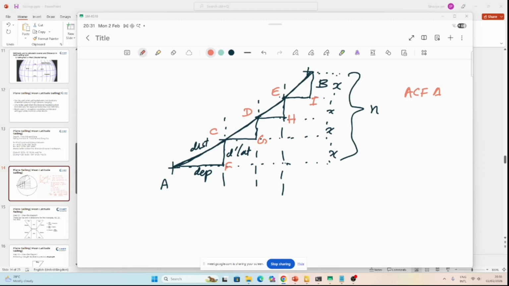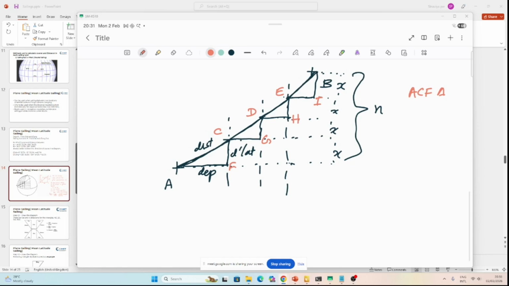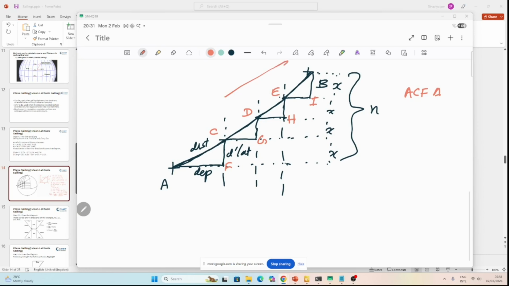Since the ACF triangle is small and the Earth is very large, this small triangle will become a flat triangle. And your AB distance is less than 600 nautical miles. That also you have to remember. So the total distance here is less than 600 nautical miles. You can use plain sailing only if your distance is less than 600 miles. Otherwise you cannot use it.